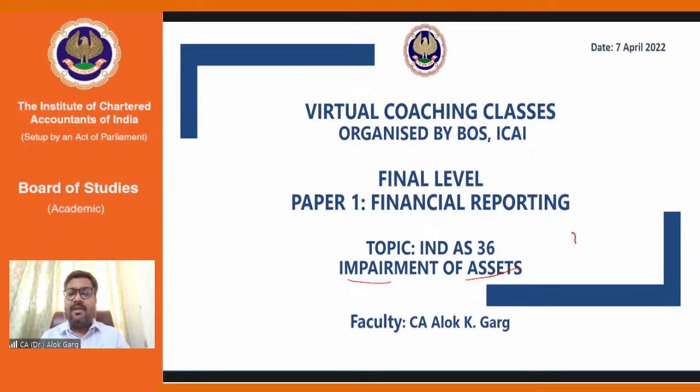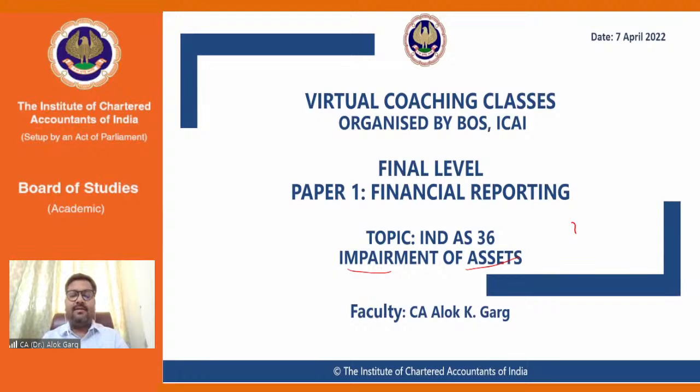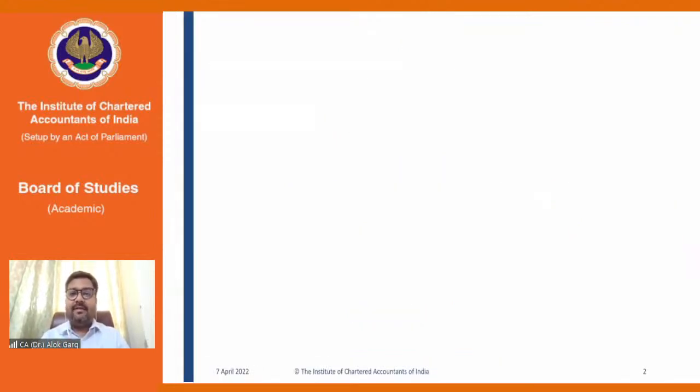Now the question comes, how is impairment different from depreciation, right? If I talk about different asset related standards, for example, Ind AS 16, Ind AS 38, and Ind AS 40, we have discussed the definition of carrying amount in each of them.